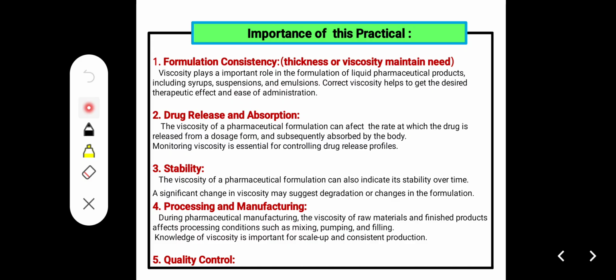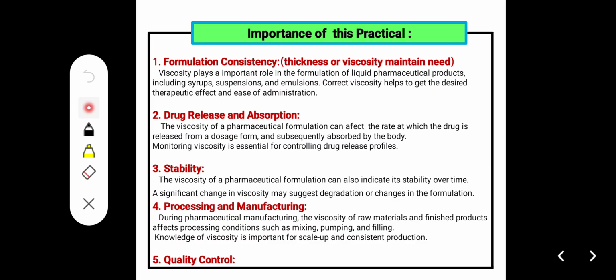Another, processing and manufacturing. During pharmaceutical manufacturing, the viscosity of raw material and finished product affects processing conditions such as mixing, pumping and filling. Knowledge of viscosity is important for consistent production, so scale up and consistent production, and last application, that is quality control.